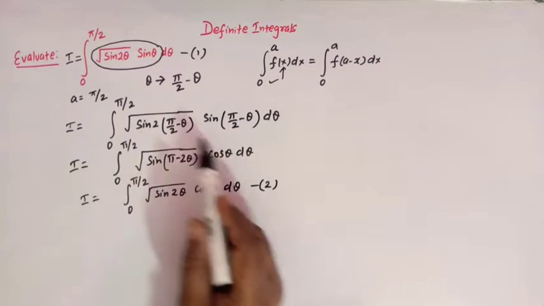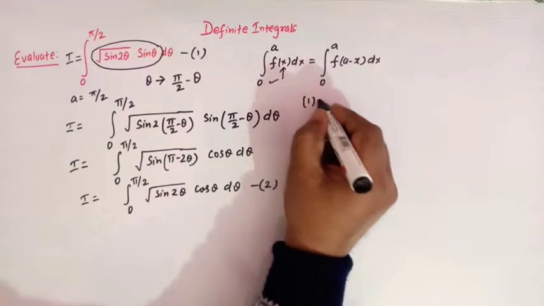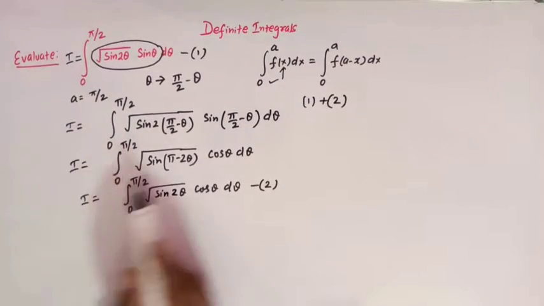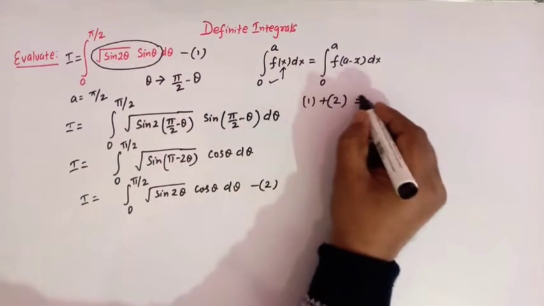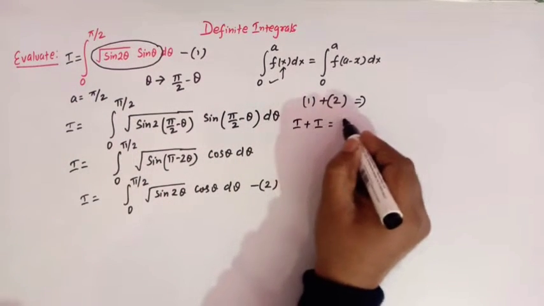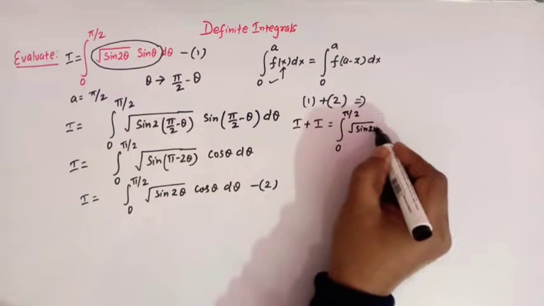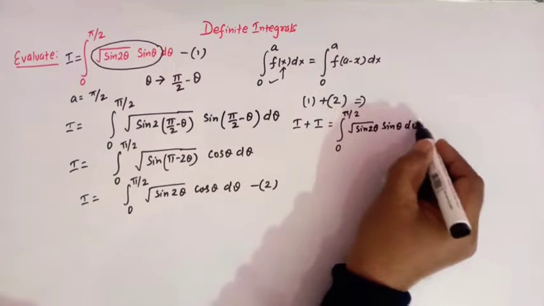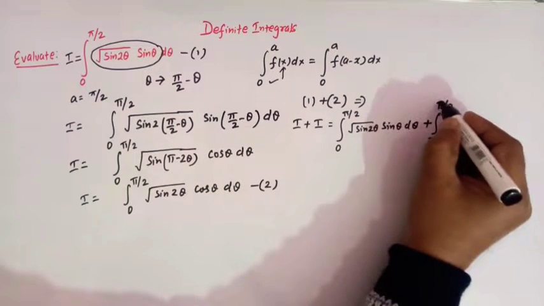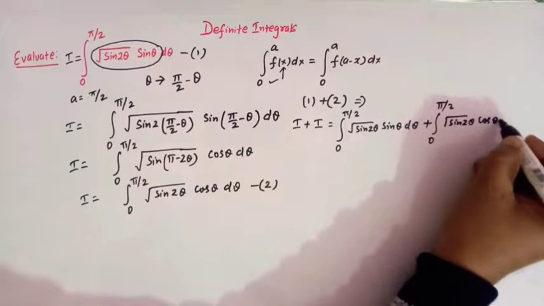Okay, so now we have two integrals, and we will add both these integrals. If we add 1 and 2, then we have I plus I on the left hand side, and here we have 0 to pi by 2, square root of sine 2 theta sine theta d theta plus this integral, that is 0 to pi by 2 square root of sine 2 theta cos theta d theta.